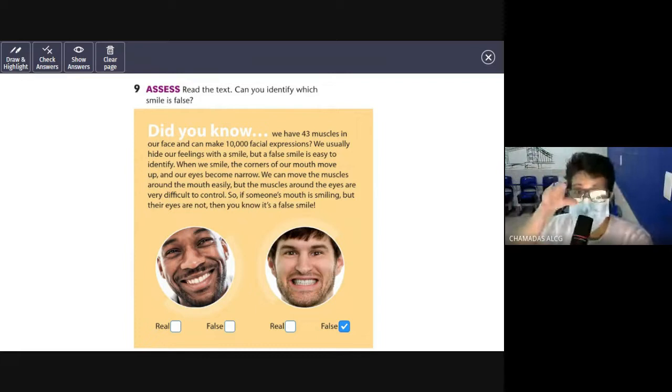They get closer, okay? We can move the muscles around the mouth easily, but the muscles around the eyes are very difficult to control. So, if someone's mouth is smiling, but their eyes are not, then you know it's a false smile.